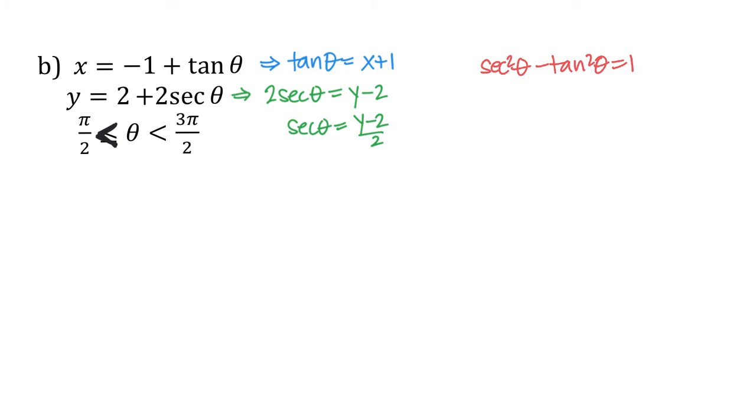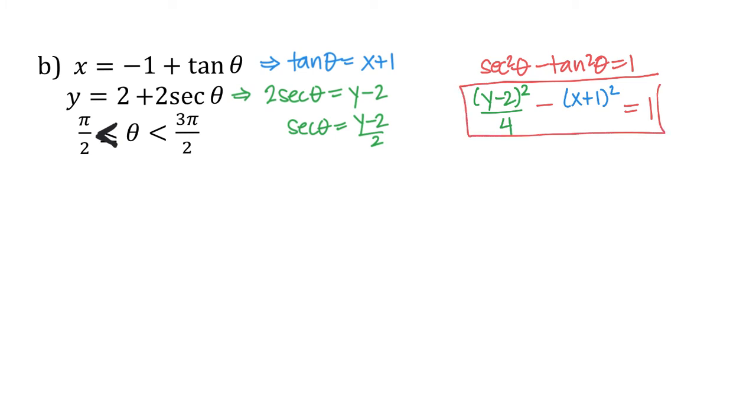Okay, secant squared is going to be (y minus 2) squared over 2 squared, which is 4. Tangent theta equals x plus 1. And I can tell this is going to be a hyperbola opening in the y direction.